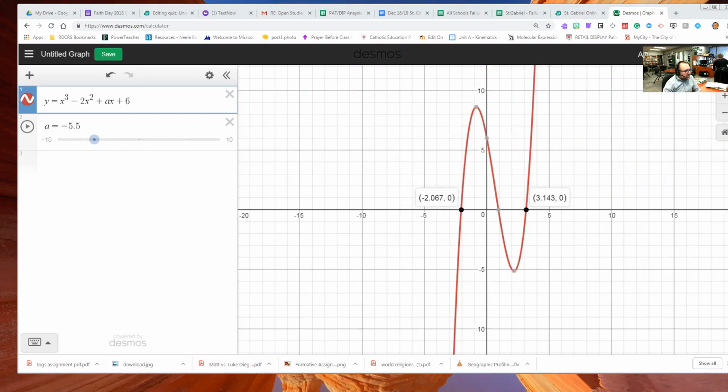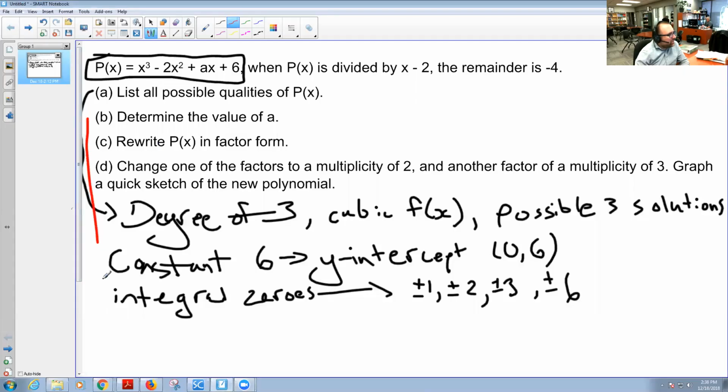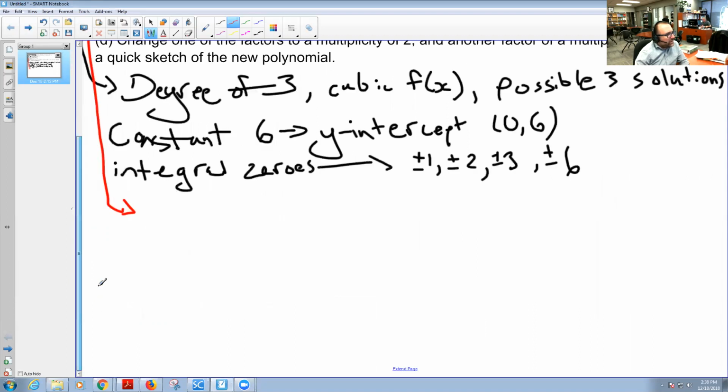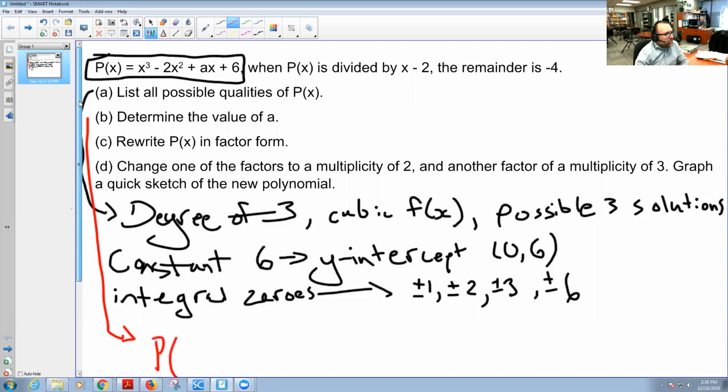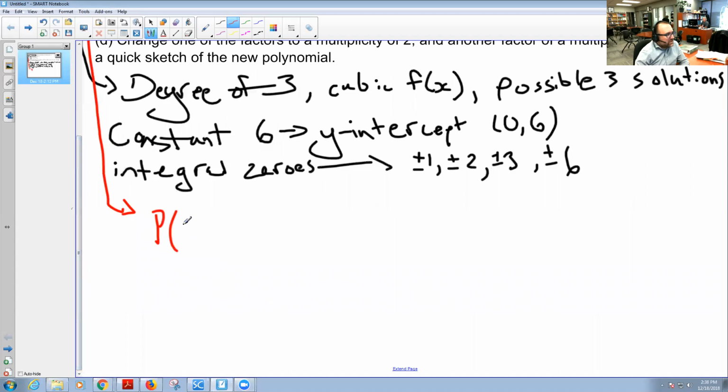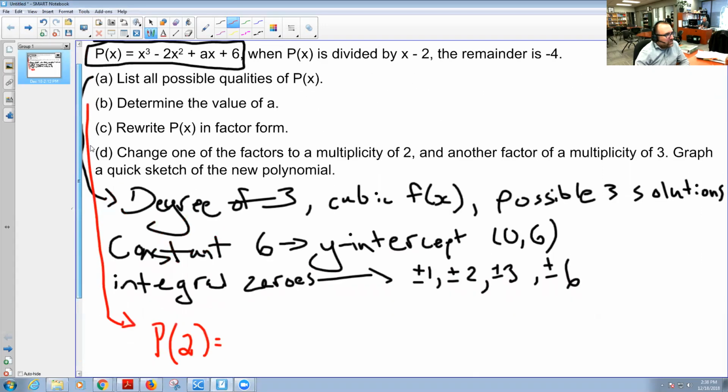To do this one, we need to understand that we already know a value for this, meaning that when P is divided by x minus 2, we need to substitute 2 in here. It gives us a remainder of negative 4.